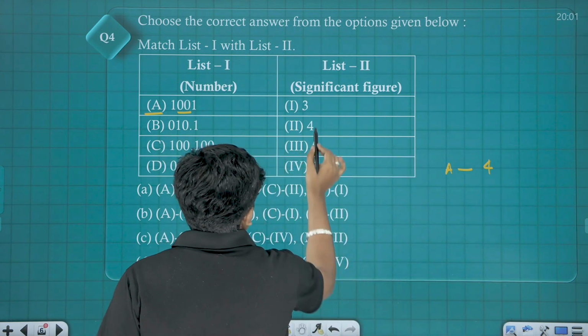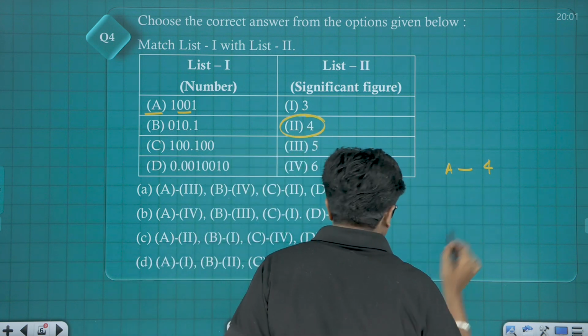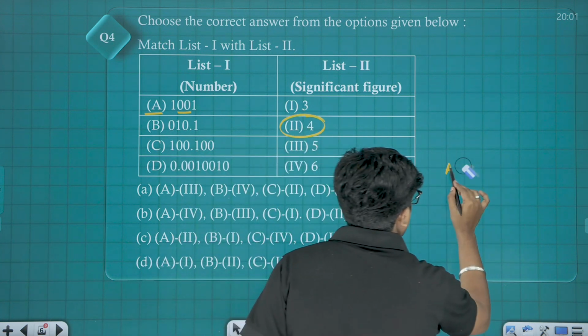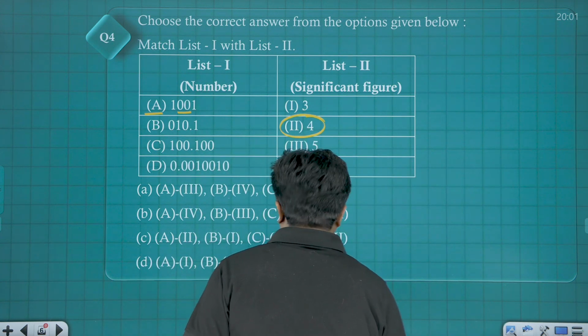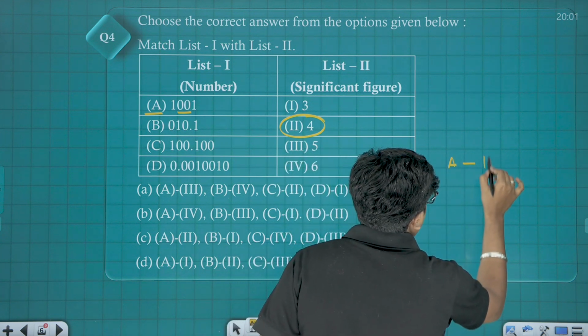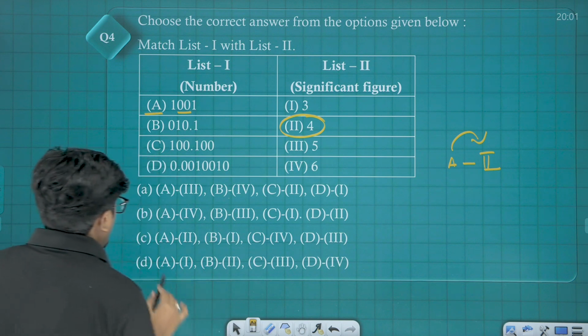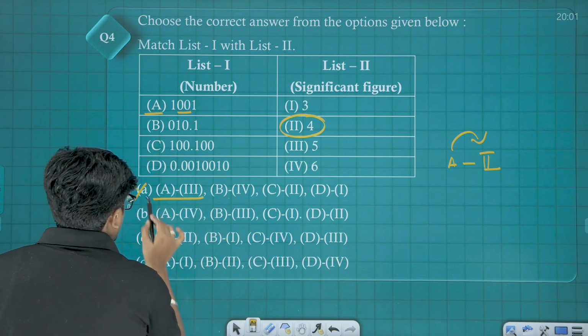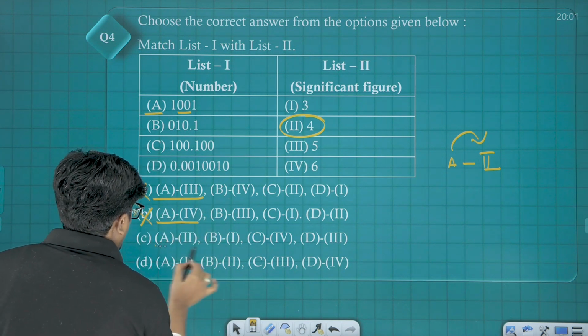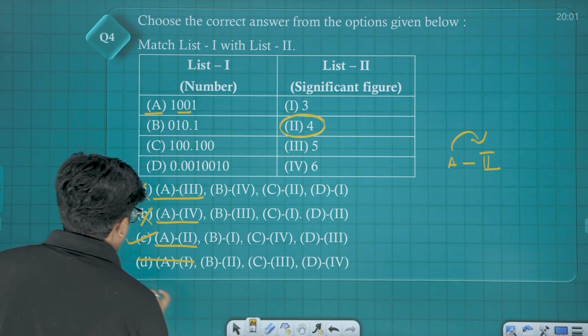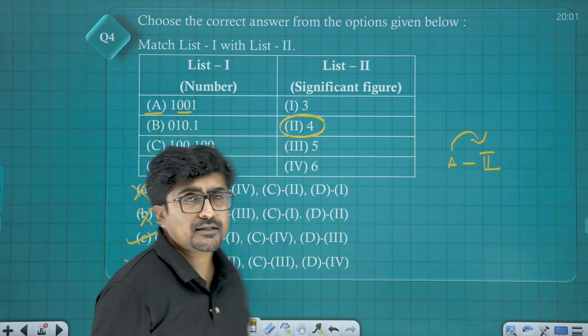All right, and 4 is here. So its A is 2. So I would like to correct it: the correct answer for A needs to be 2. All right, let me check that first. Here this is A3, here this is A4, A2, A1. So option C must be the correct answer.